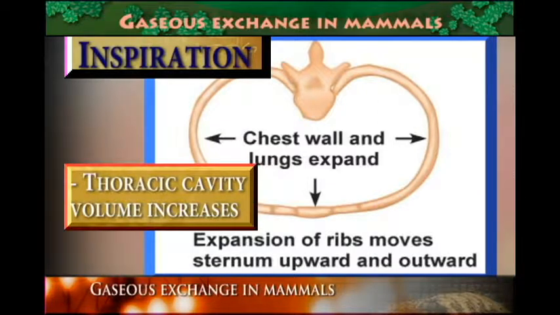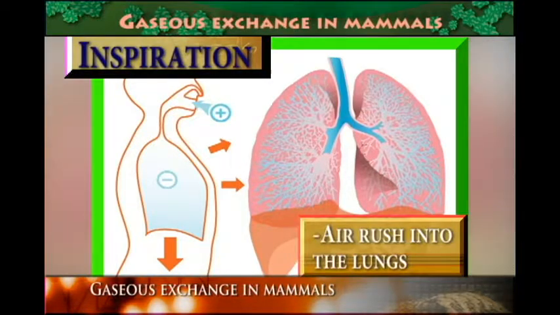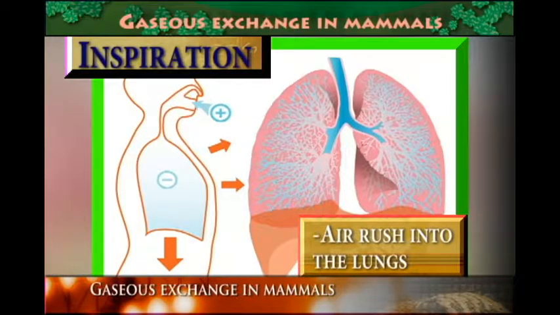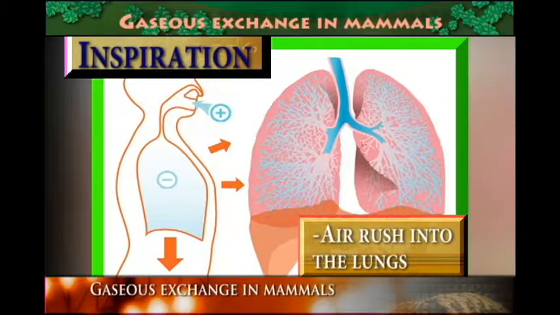And when the thoracic cavity volume increases, the lung pressure decreases below that of the atmospheric pressure. This forces the air to rush into the lungs. And that is the process of inspiration, how air enters into the lungs.